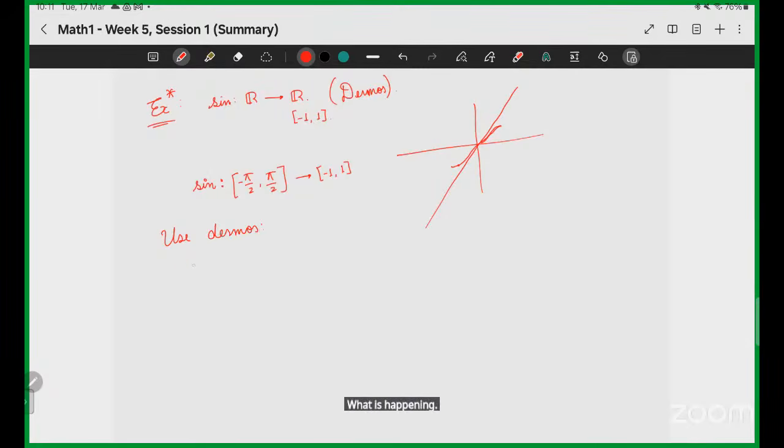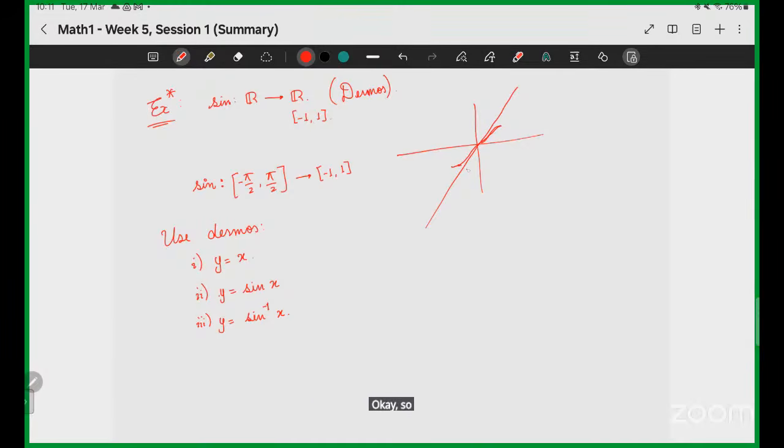First you do y is equal to x, then you do y is equal to sine x, and then you do y is equal to sine inverse x. Then you see how the graphs of sine x and sine inverse x are with respect to this line. They will be reflections of each other.